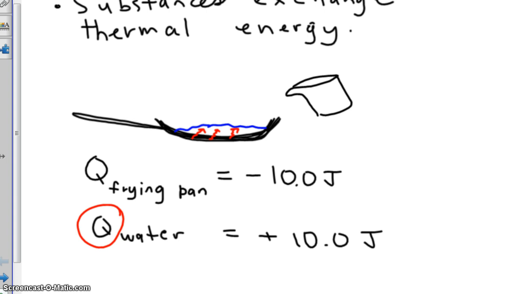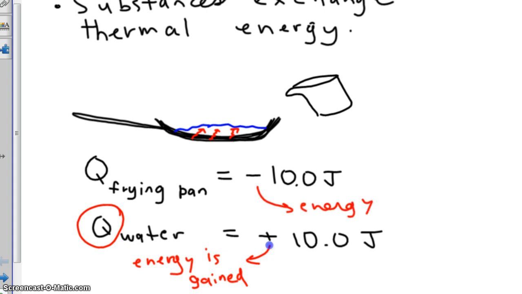Positive meaning energy is gained, and the negative means energy is lost. So thermal energy can be positive or negative depending on which is gaining and which is losing energy in the exchange. The hotter object always loses energy, and the colder object always gains energy.